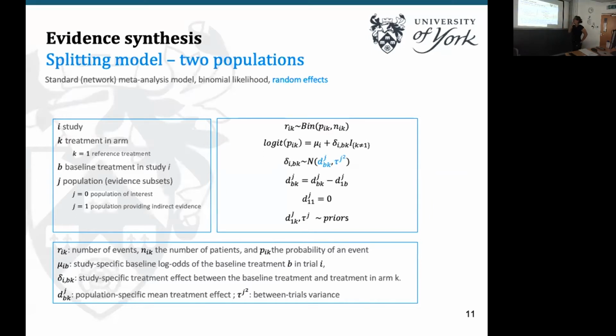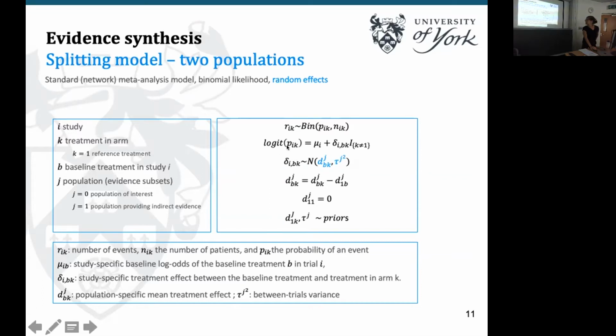For those of you less familiar with meta-analysis, it is typically done on the relative effectiveness side. You have a single output you want to combine, typically a relative effectiveness measure, and you have multiple studies that you might wish to combine on that single measure.